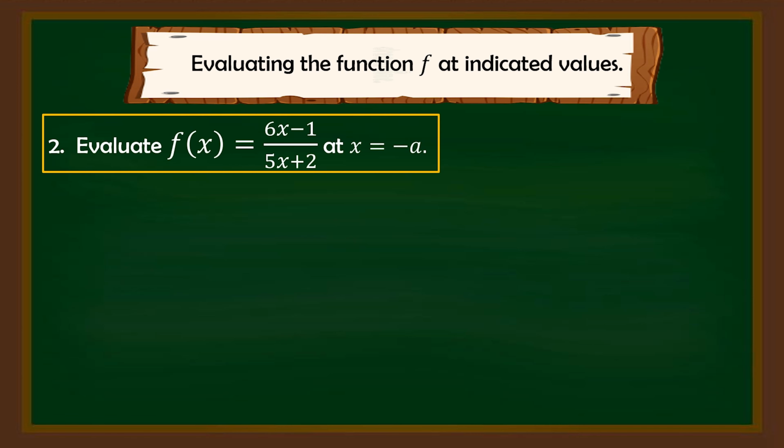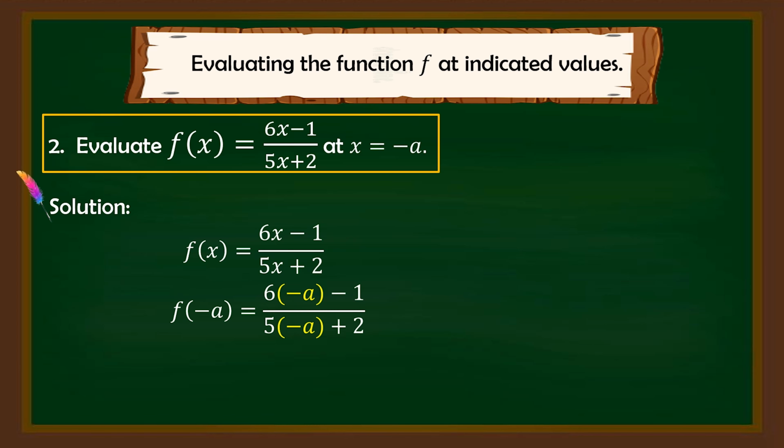Let's have question number 2. Evaluate f of x is equal to 6x minus 1 over 5x plus 2 at x is equal to negative a. Substitute all the variable x with negative a, which yields f of negative a is equal to 6 times negative a minus 1 over 5 times negative a plus 2.